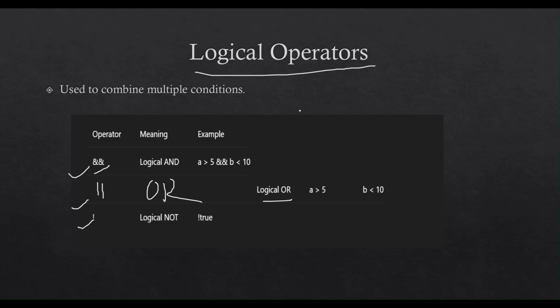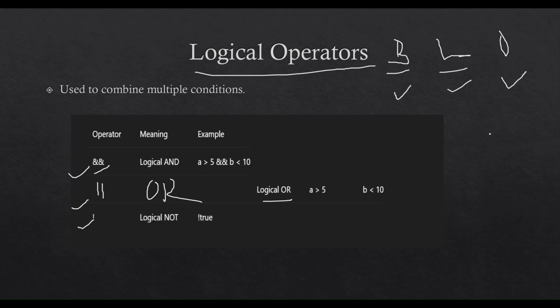Basically, AND means, suppose someone asks whether you are eating your breakfast and lunch, suppose this is your breakfast and this is your lunch, and this is my output. If someone asks whether you are eating breakfast and lunch, that means you have eaten both breakfast and lunch, so you are not hungry, so that means true.